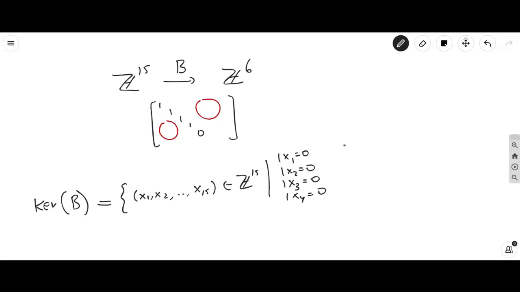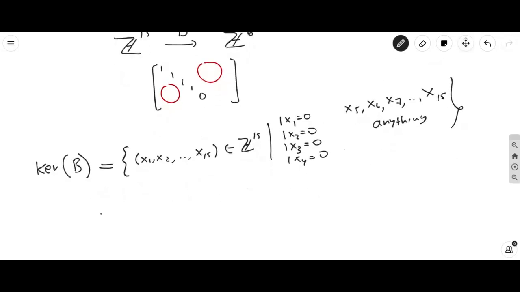And then the remaining ones, x5, x6, x7, and so on, up to x15, those are anything that you want. So really the kernel would be 0, 0, 0, 0, and then you would have copies.